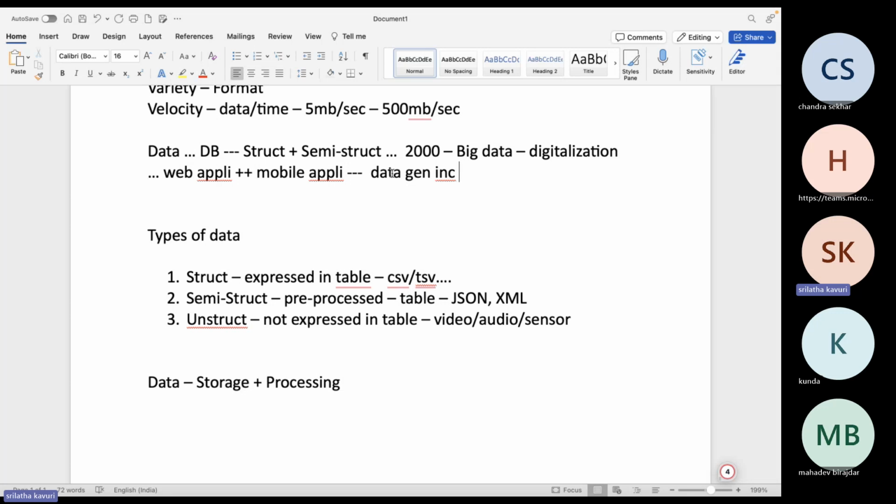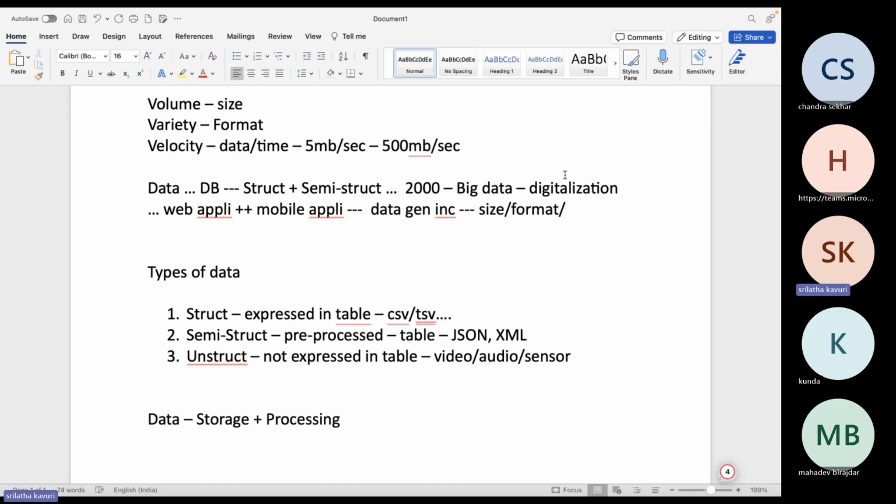But this increase in data generation is happening with respect to size and with respect to format. That means it is generating structured, semi-structured, and every format of data. At the same time, because so many people are using mobiles or web applications at the same time, if 10 people are using a phone, it might generate 5 MB per second.